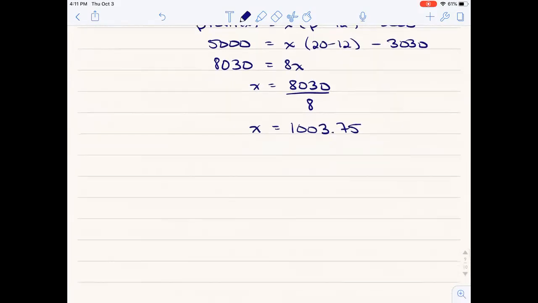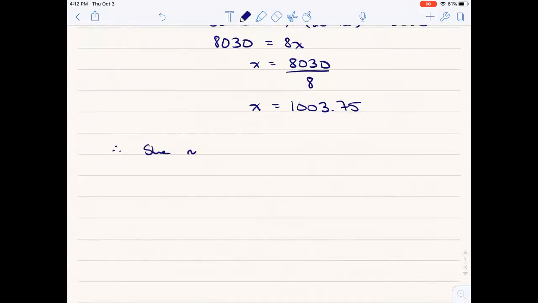Right? So again, we do the same thing, where we have to round up. Even if it was 1,003.1, 1,003 wouldn't quite put you at a profit of 5,000, and so you'd have to go to 1,004 to make at least $5,000 in profit.